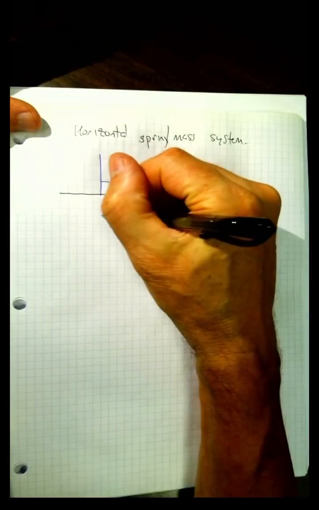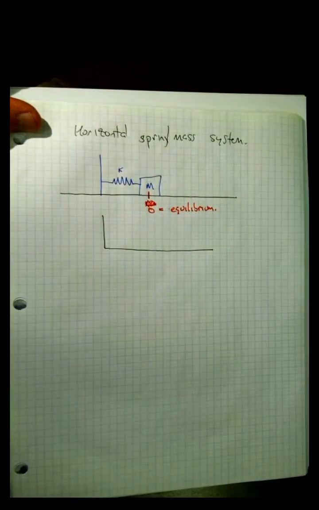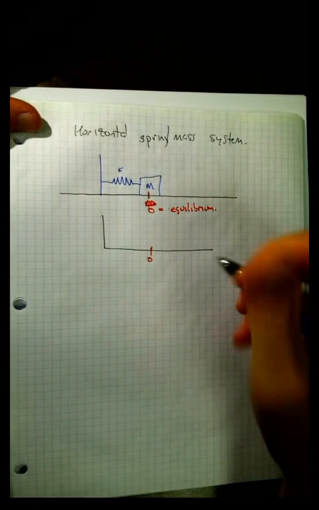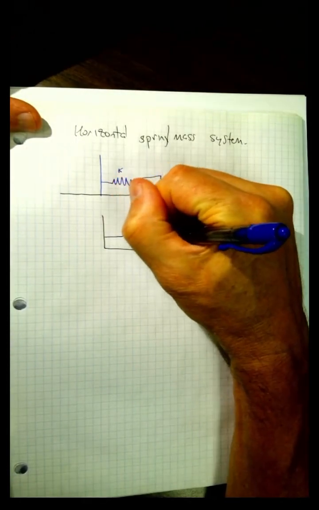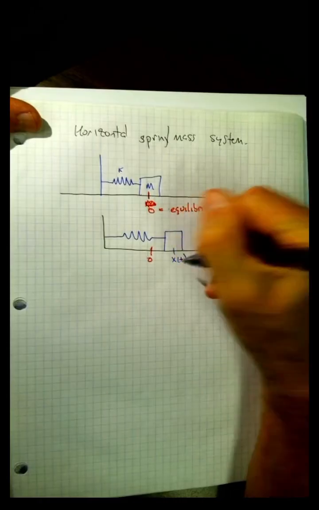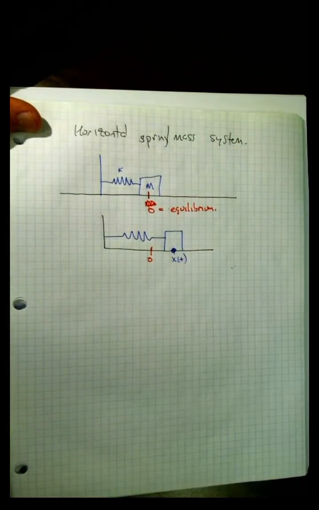And the idea is this. So now I have this spring mass system. I have my origin. And if I pull it away or pull it out, at any given time it is going to have some position.